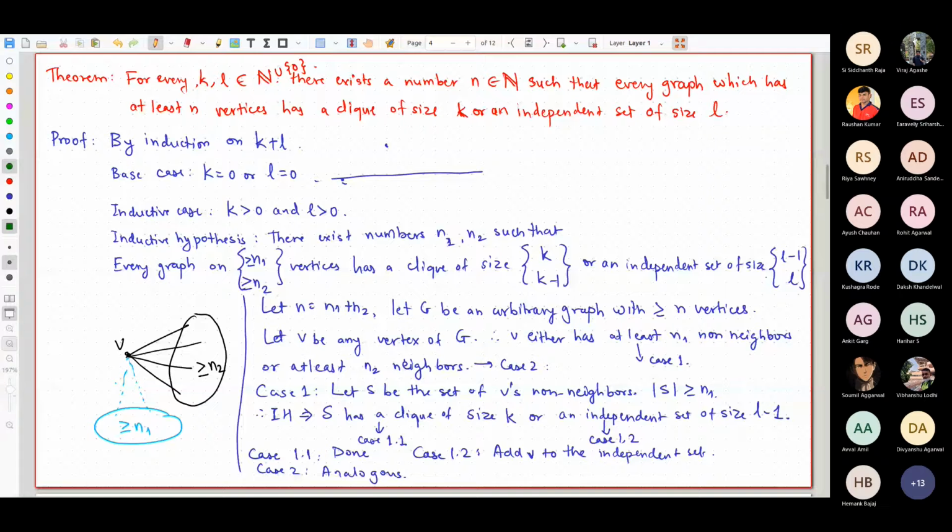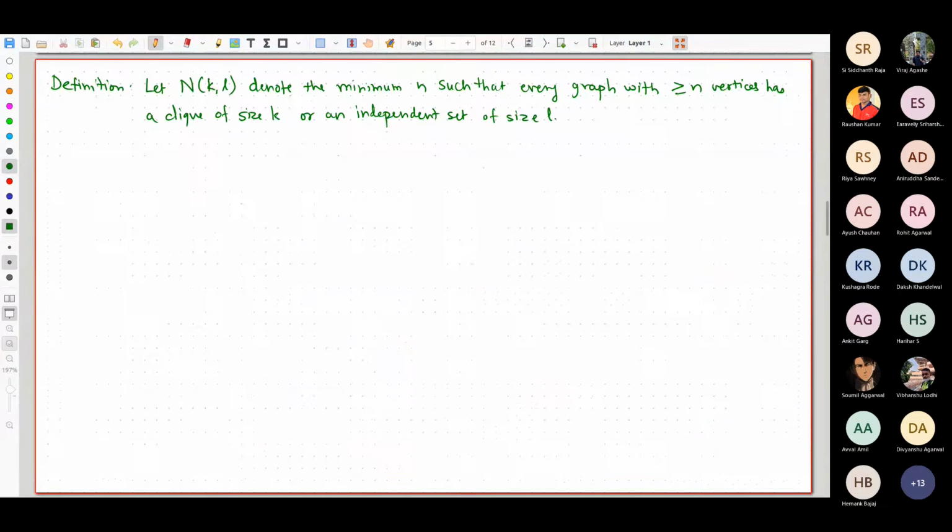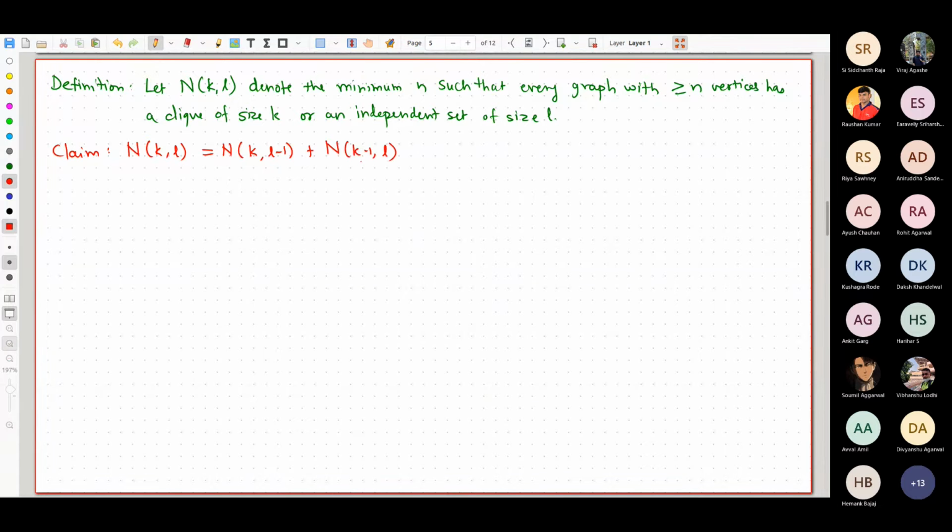N of k comma L minus 1 and n of k minus 1 comma L. Yeah, tell the exact statement. N of k comma L is equal to n of k comma L minus 1 plus n of k minus 1 comma L. Does everybody agree? Any objections?